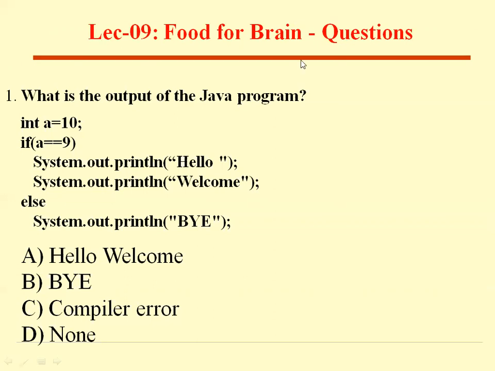So choose the correct option and send your option in the comment section. A is hello, welcome, B is bye, C compiler error, D none.